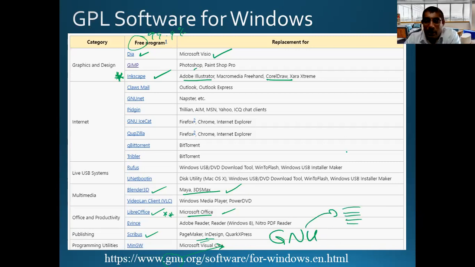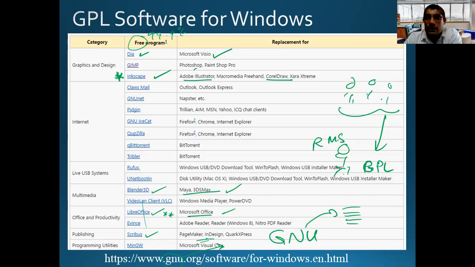What happened was, when he quit his job and started working, he couldn't do all the software. These are all developed by different people. But a lot of software developers around the world were fascinated by what Richard Stallman said. So they said, okay, we develop code and we give it under the GPL license, which is sort of Richard Stallman's license.